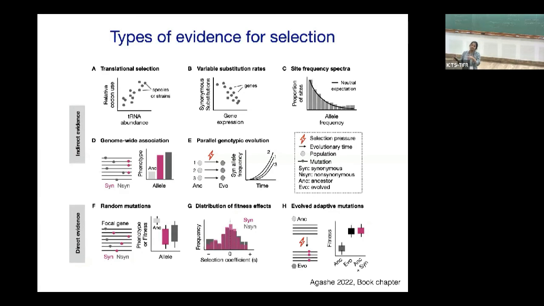If the DFE is skewed towards more deleterious mutations, then many more substitutions are going to be deleterious, right? Which means that in general in the population, you should not find a lot of substitutions, less polymorphism. And if you see that, then that suggests that, okay, this is indeed something under selection. Okay.